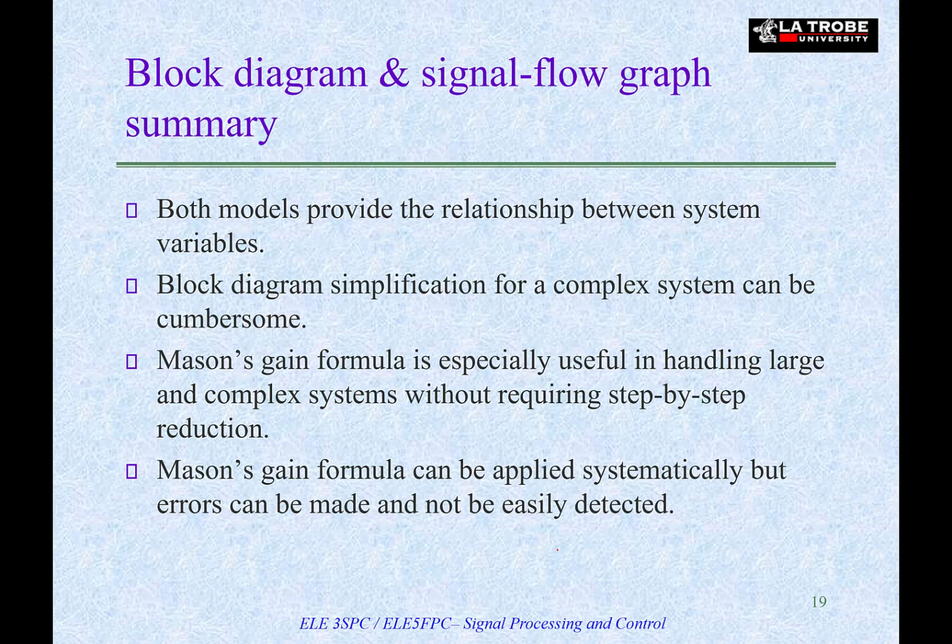In contrast, Mason's gain formula is useful when handling large and complex systems. However, when we make a mistake in using Mason's gain formula, the mistake may not be easily detected.